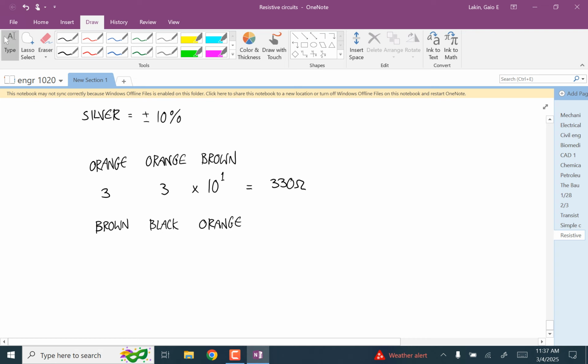So that means the brown is 1, the black is 0, and then you're multiplying that times 10 to the third. So you have 10 times 1,000 is 10,000.